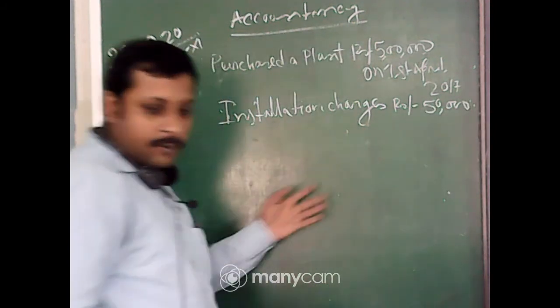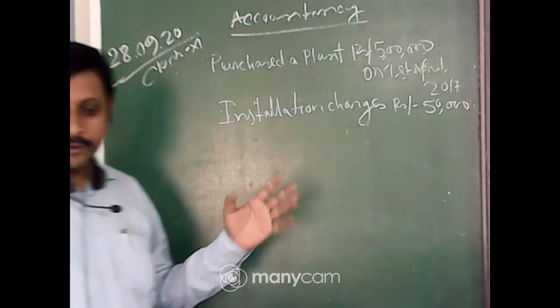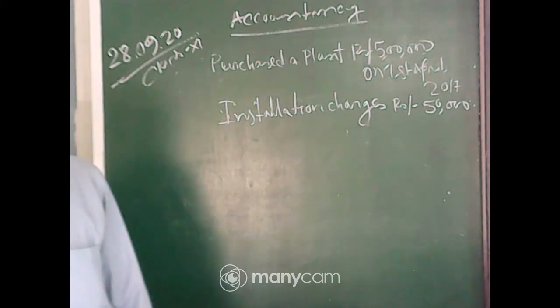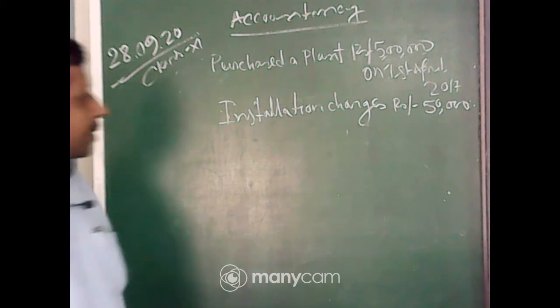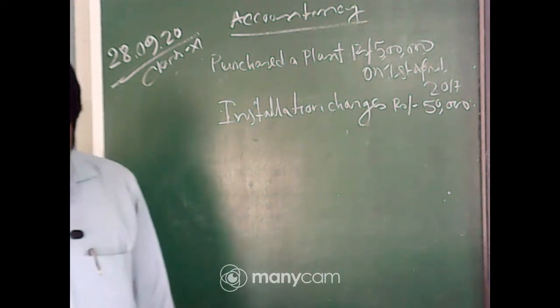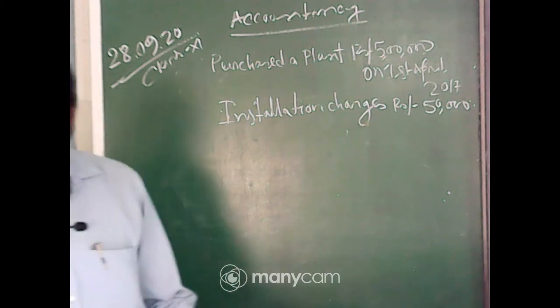That is what I talked about a few minutes before, that installation charges are also part of the cost of the machine. The salvage value of the plant after its useful life of 10 years is estimated to be rupees 10,000.